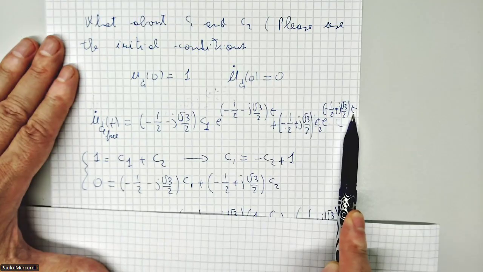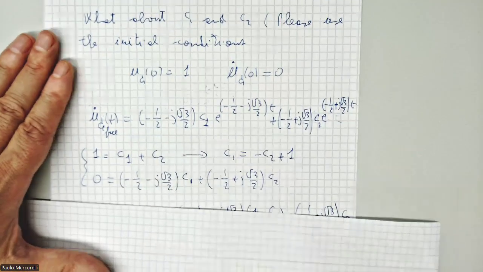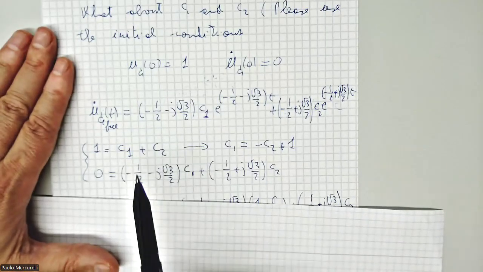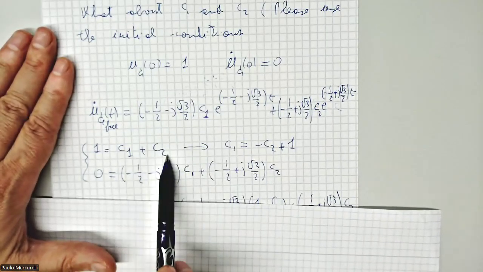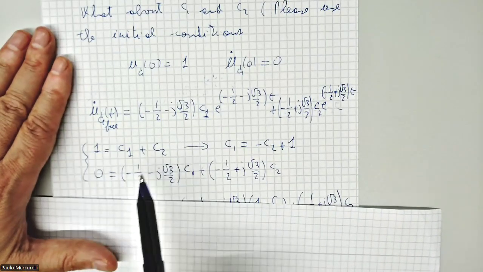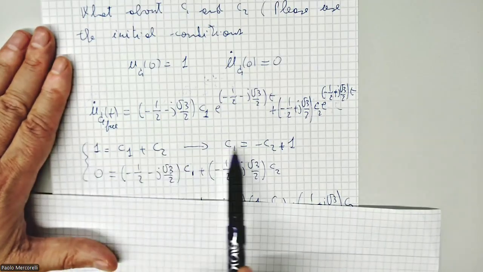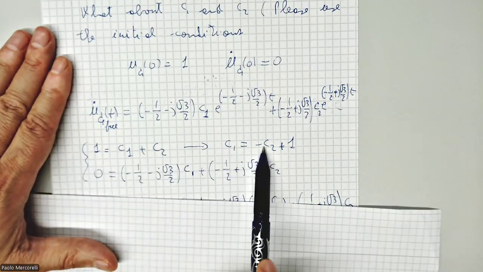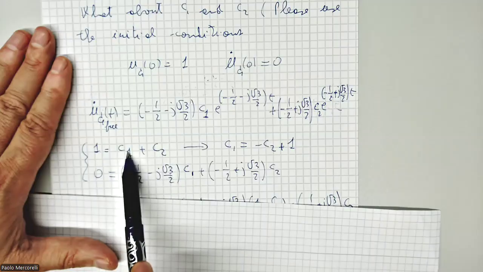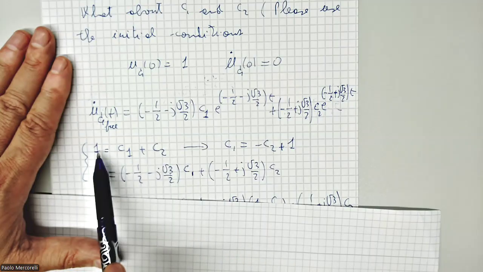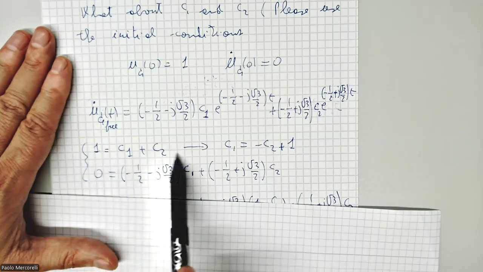Again, this means we have the system characterized by the variables C1 and C2, where this system comes from. From this equation, I have that C1 equals minus C2 plus 1.